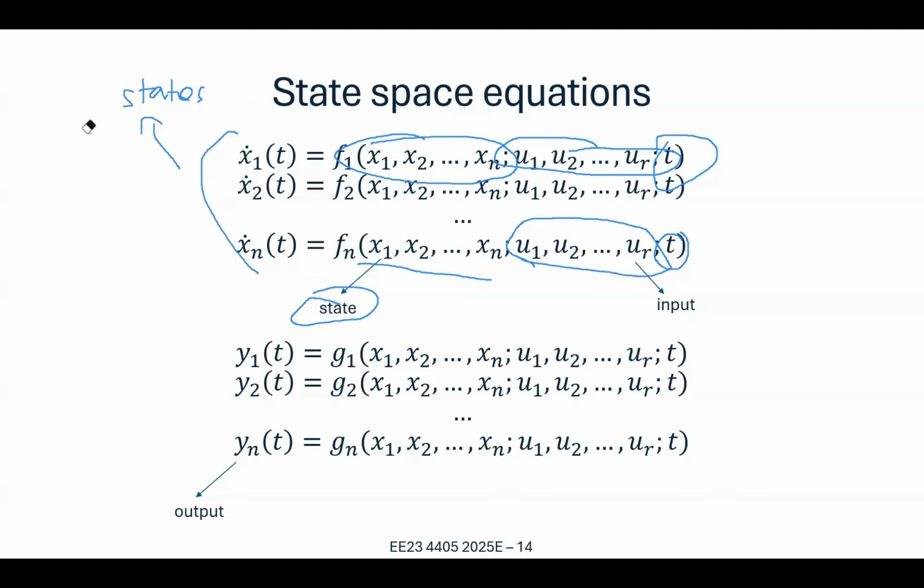Then the next set of equations here is called the output equation, where we have y1 until yn. So these are the outputs. So there is a set of inputs, and also there is a set of outputs. The input here is u, sorry, x is the state, u is the input, and y here is the output.